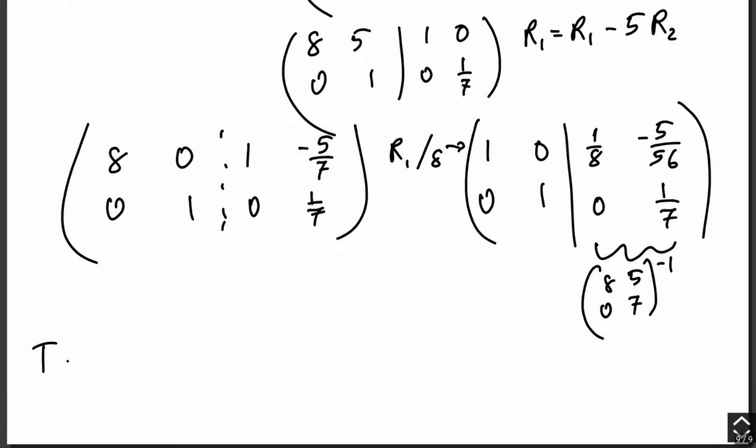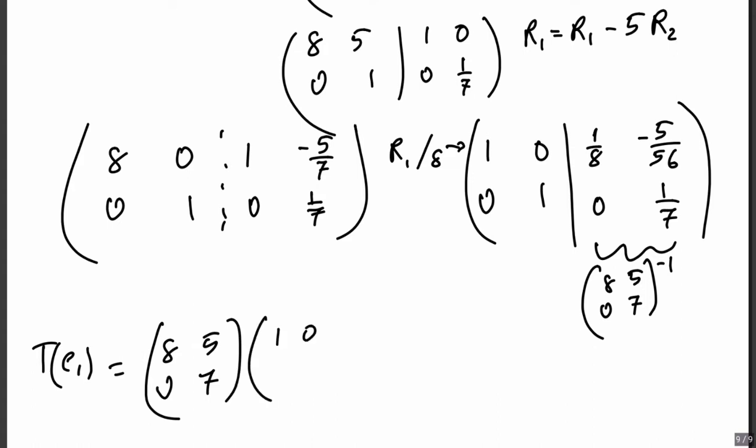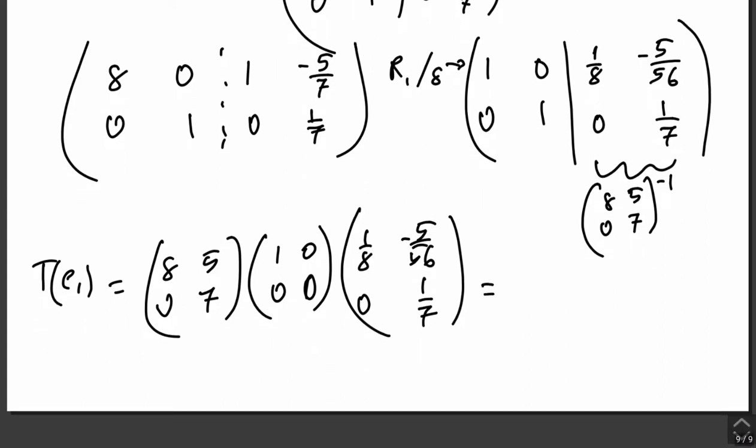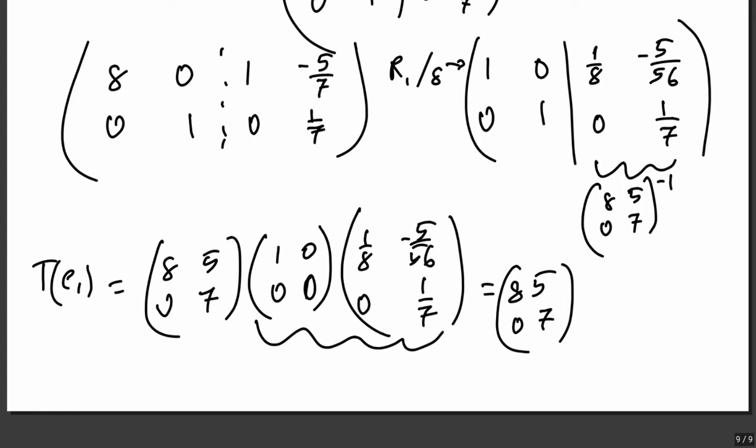So to calculate T of E1, this is [8 5; 0 7] multiplying the matrix [1 0; 0 0], and this is [1/8 -5/56; 0 1/7]. Let's do first this multiplication. We get simply 1 over 8 and minus 5 over 56.